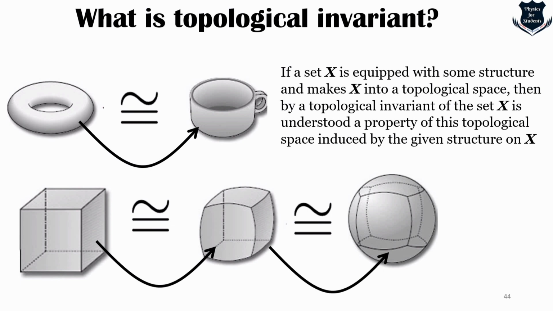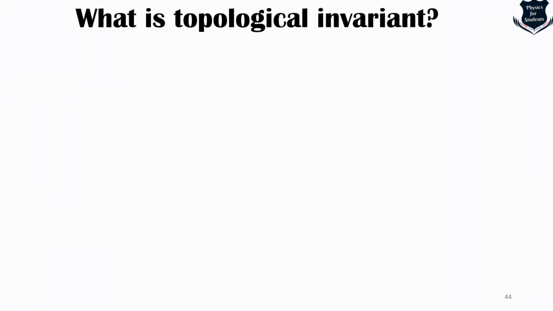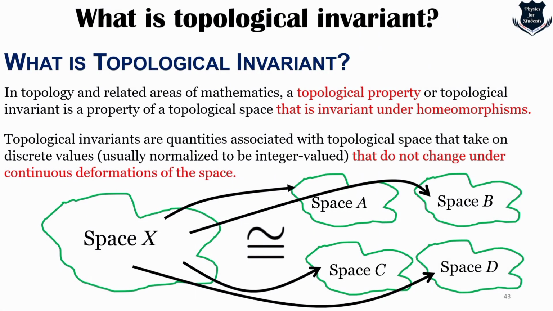So that homeomorphism, when we take spaces, is what is called a topological invariant. A topological invariant is a property of a topological space that is invariant under homeomorphism. So when the homeomorphism takes place from space X to A, B, C, D, it will remain invariant and the properties will all be the same.